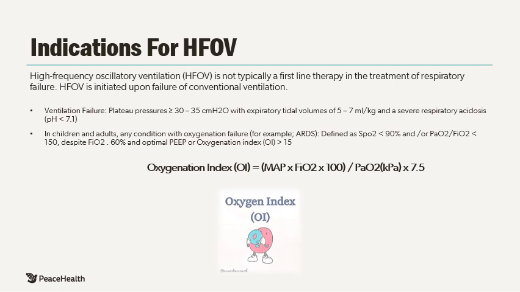In children and adults, any condition with oxygen failure, for example ARDS, is defined as an SpO2 of less than 90% and a PF ratio of less than 150, despite FiO2 being 60% and optimal PEEP, or oxygen index of greater than 50. To calculate our oxygen index, we will take our MAP multiplied by our FiO2 multiplied by 100. All of this will then be divided by our PaO2 measured in kPa times 7.5.